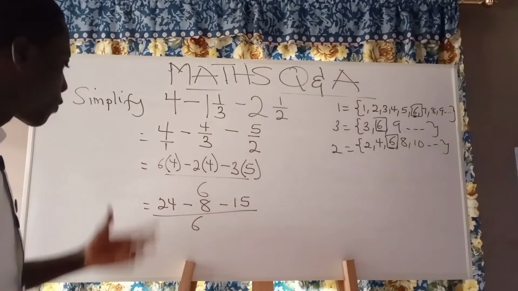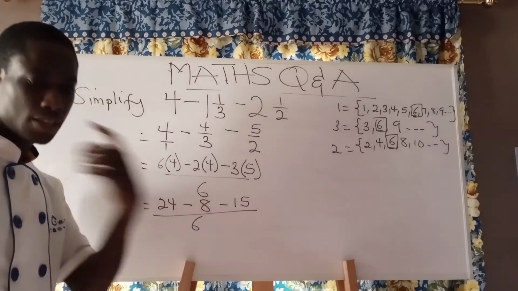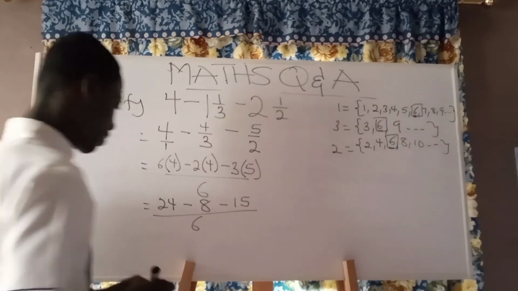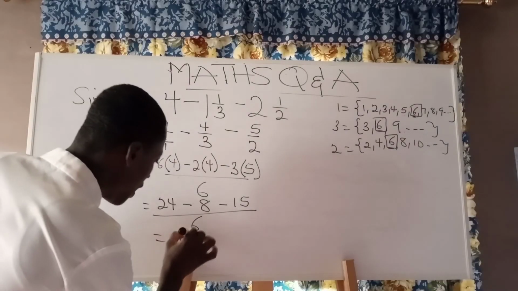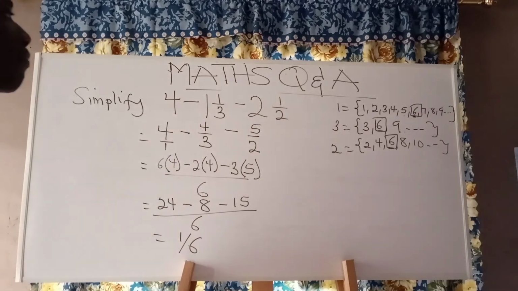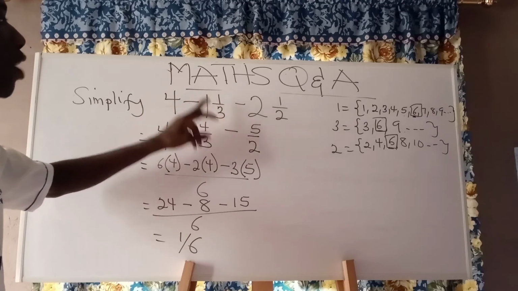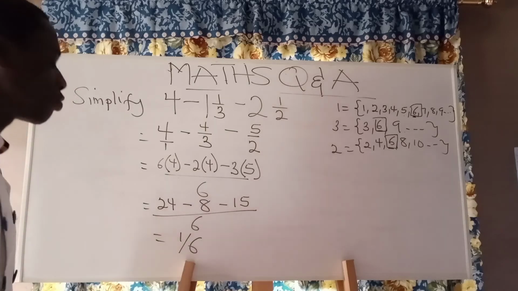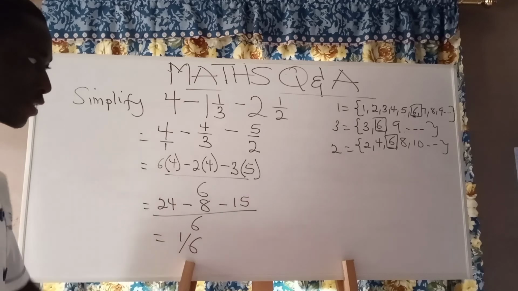So we have 24, you subtract 8 from it, then you also subtract 15 from it, and that gives you 1. So it remains 1 divided by 6. This becomes the final answer for 4 minus 1 whole number 1 over 3 minus 2 whole number 1 divided by 2. So our answer is 1 divided by 6.